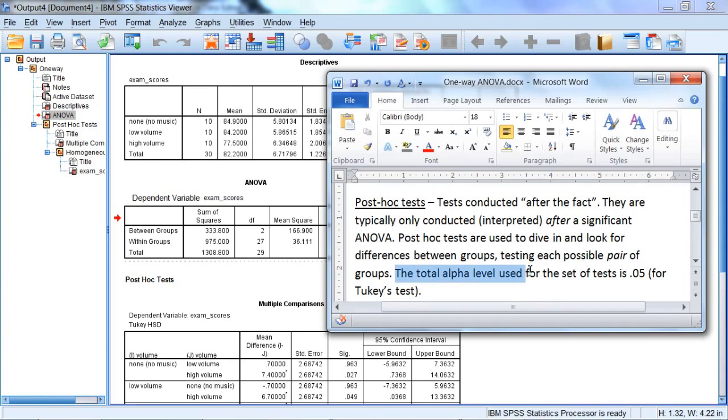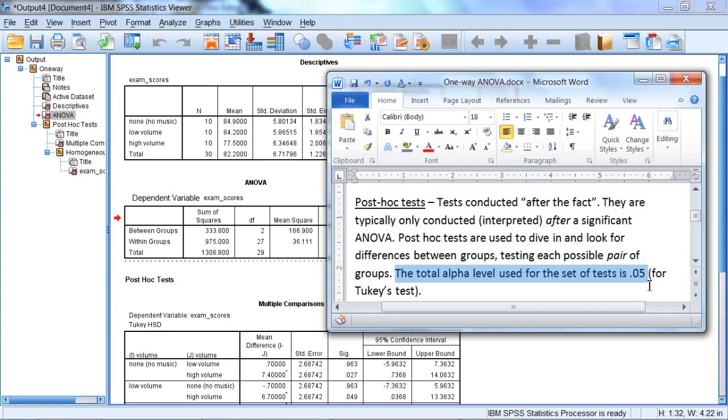The total alpha used for the set of tests is 0.05, and that's important to keep in mind. It's not 0.05 per test, but 0.05 in total. And we're using a test which we selected in the previous video under the post hoc button, which was called Tukey.